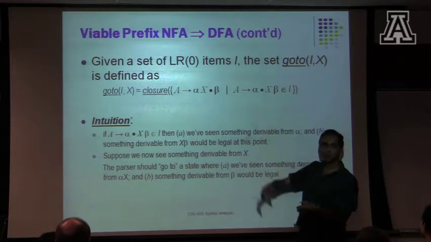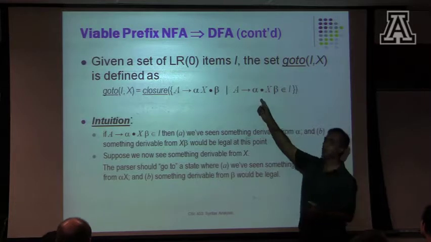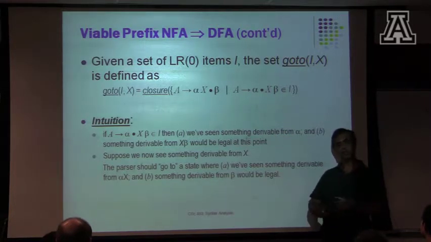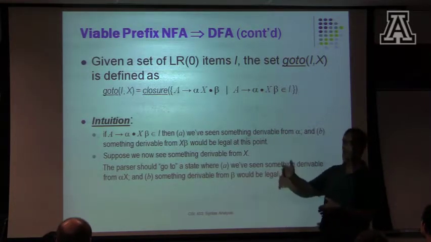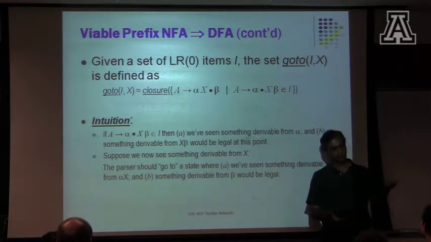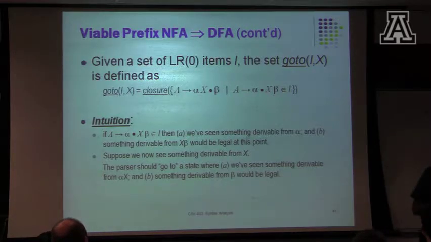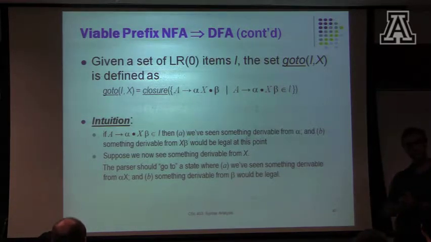Suppose the parser is in a state with two items: A goes to alpha dot X beta, and A goes to alpha dot Y gamma. One says I could see something that X can derive and some other stuff. The other says the continuation could be something that Y could derive and some other stuff.